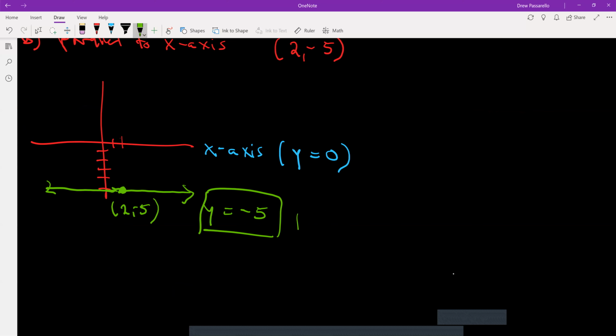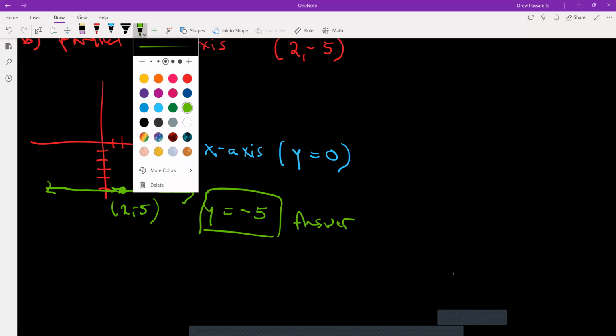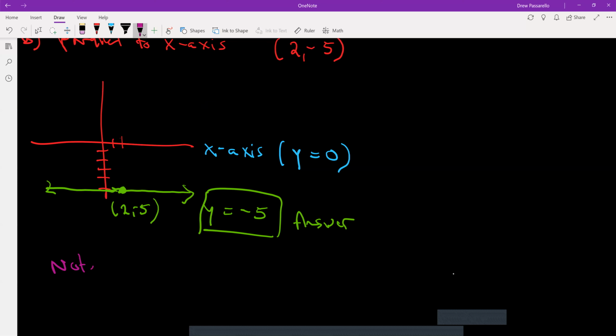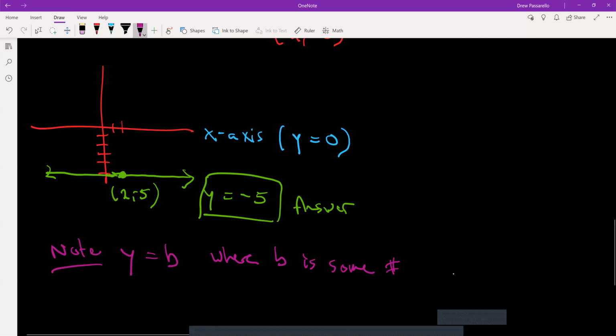All right, and that's going to be the answer. And so you could know that, let me do different colors. So note, anytime you have y equals, let's say b, where b is some number, that's a horizontal line.